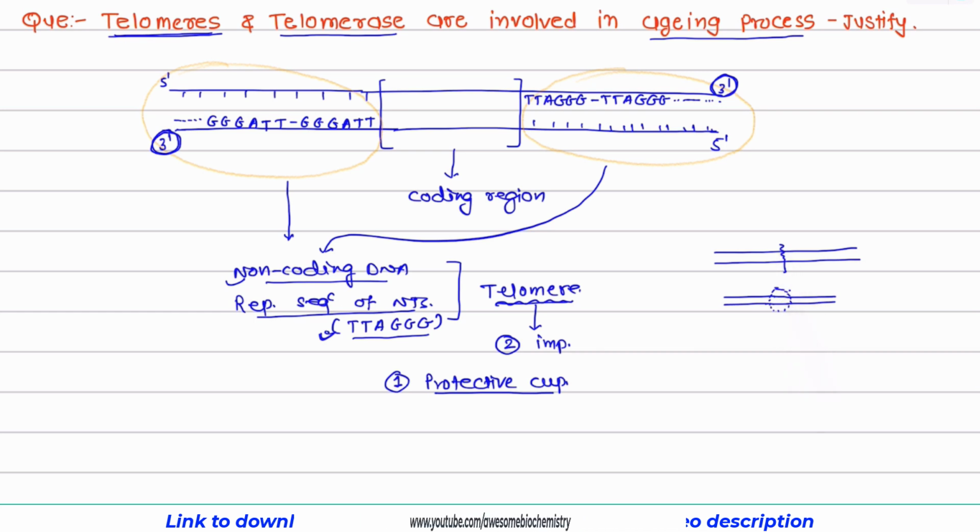Similarly, this DNA repair machinery may misidentify this end and this end as open ends, consider them a broken piece of DNA and try to attach them with another DNA's open end. So what will happen? This normal DNA will become a damaged DNA because it is mistakenly attached.